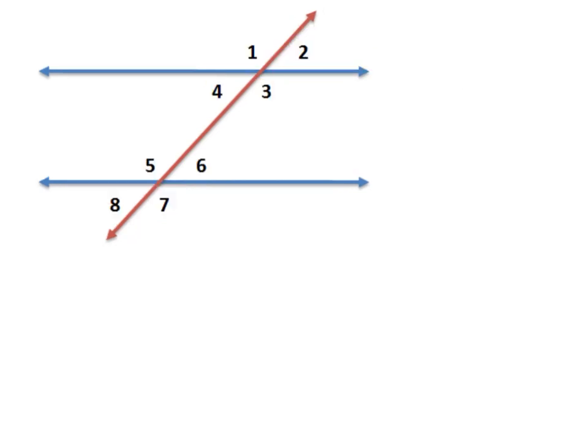Okay, so I just want to refresh your memory on a couple of things that we know. We know vertical angles are equal. So we know angle 1 and angle 3 are equal. We know angle 2 and angle 4 are equal because they're vertical. We also know that angle 7 and angle 5 are equal.